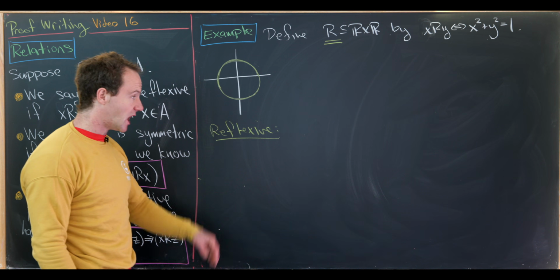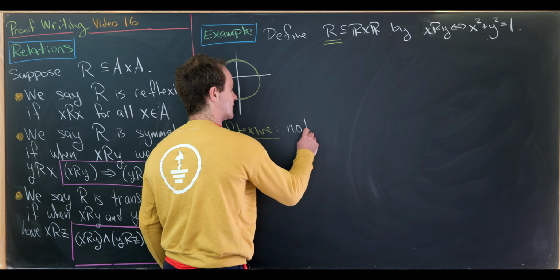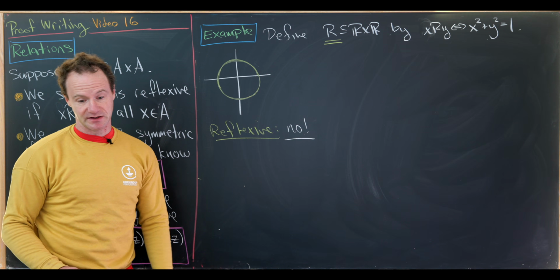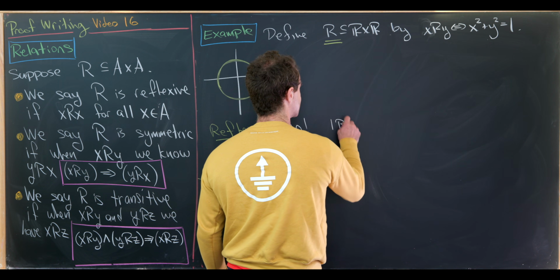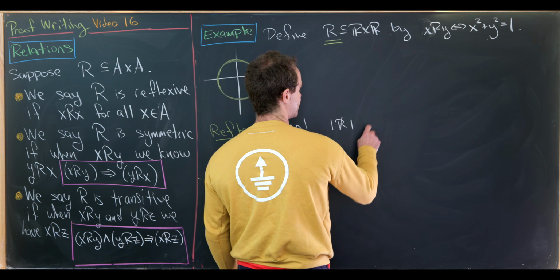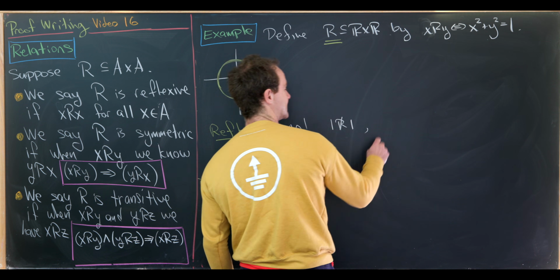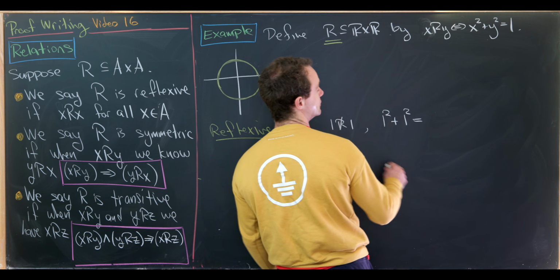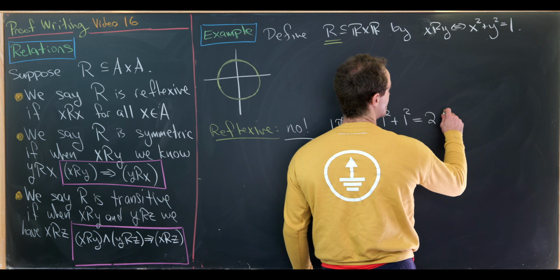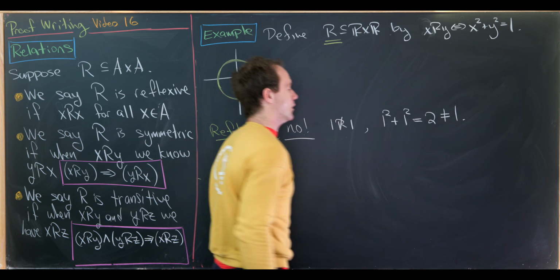So this is not reflexive. So here we'll say, no, it is not reflexive. And why is that? That's because 1 is not related to itself. And we can see that 1 is not related to itself because 1 squared plus 1 squared is equal to, let's see, the number 2, which is not equal to 1.